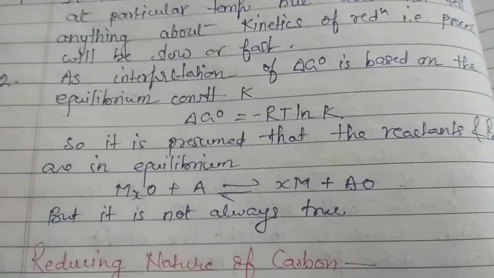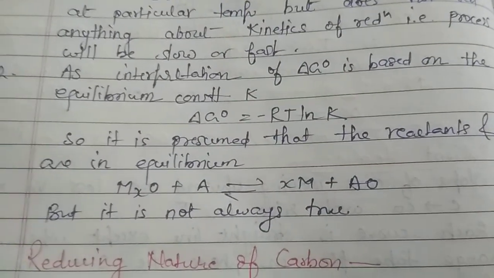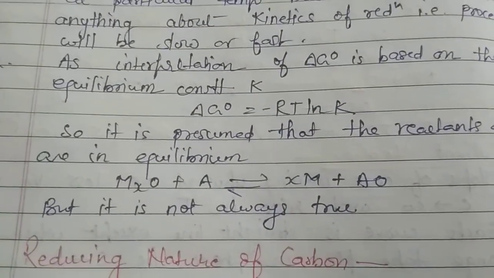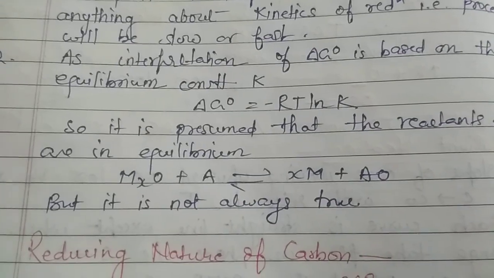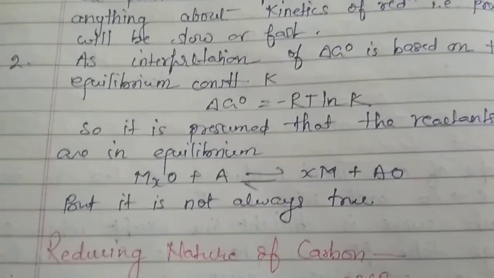But it is not always true for all the reactions that we have discussed in the Ellingham diagram. So these are two limitations of the Ellingham diagram.